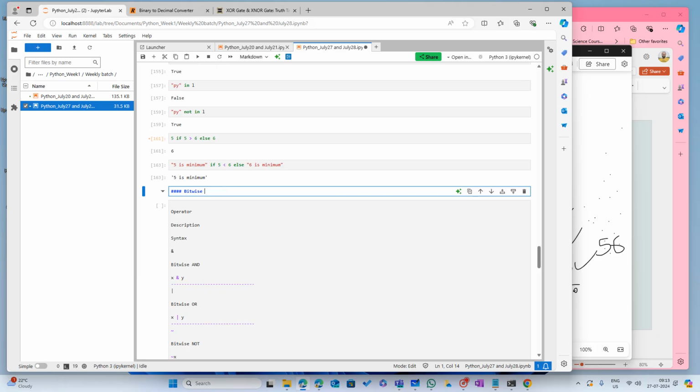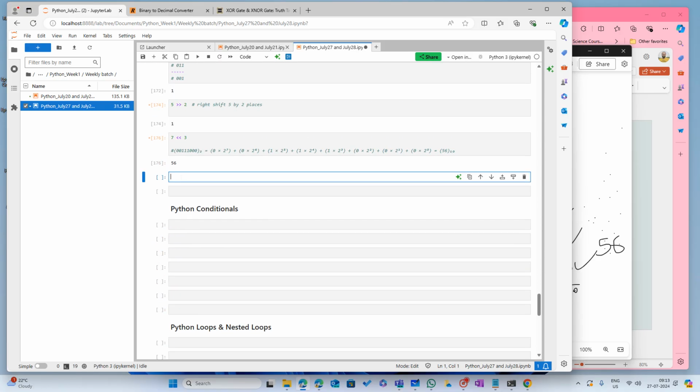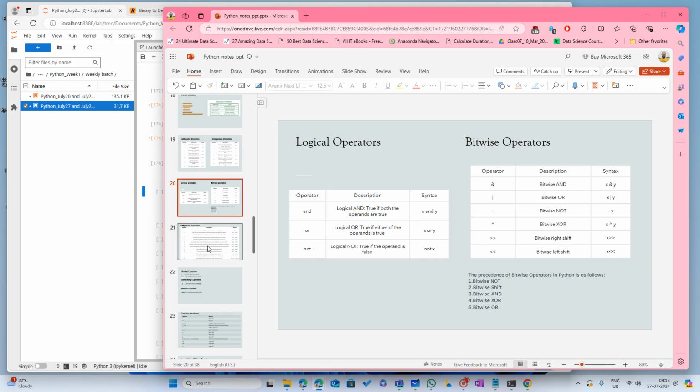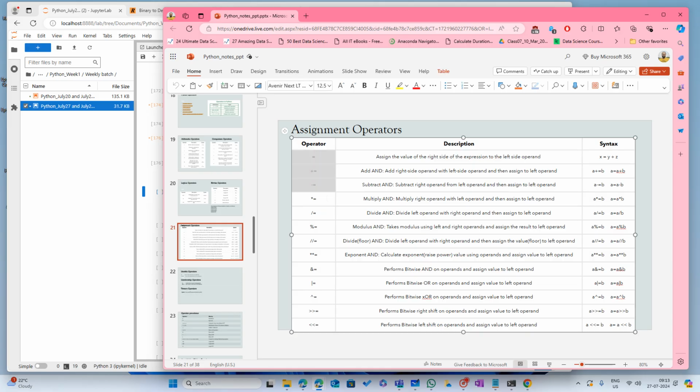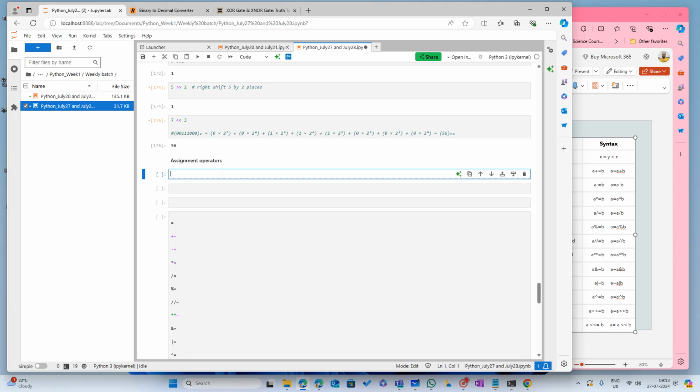Now assignment operators, they are primarily used for assignment only. Assignment operators are used to assign certain value.